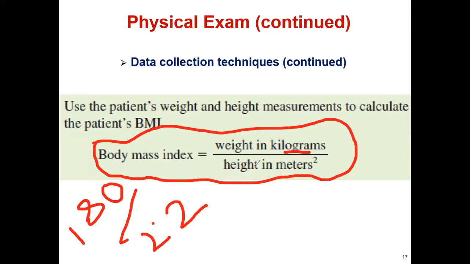And like my patient's body height is in centimeters, so it would be divided by 100 to get meters, and then squared because of the formula.